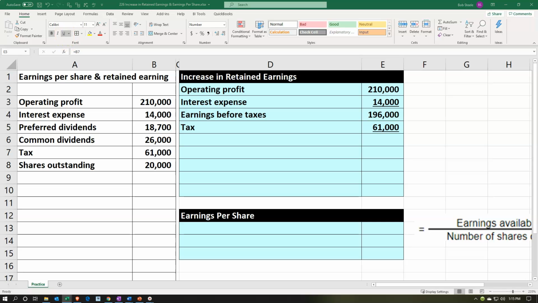Then we're going to have the earnings after taxes. So the earnings after taxes will be equal to the 196 minus the 61,000, or the 135,000. Okay, so now we're at net income, the bottom of the income statement. Now we want to get to the number that we can use to calculate the earnings per share. To get there, we're going to be pulling out the preferred dividends.